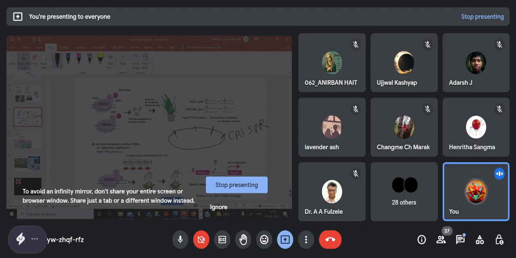I forgot the full form of it. Whenever a bacterium gets infected by a virus, there are other Cas proteins that cleave a part of the viral DNA and incorporate it into their genome.